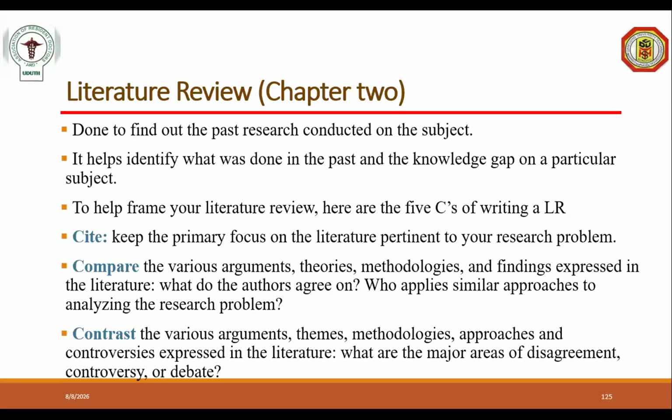You should not be discussing what is not in your specific objective. That one is rubbish, discussing something that is outside your specific objective, because you are not going to use it anywhere. So why are you discussing it in your literature review? Whatever is not in your specific objective, leave it. Just focus on your objective.